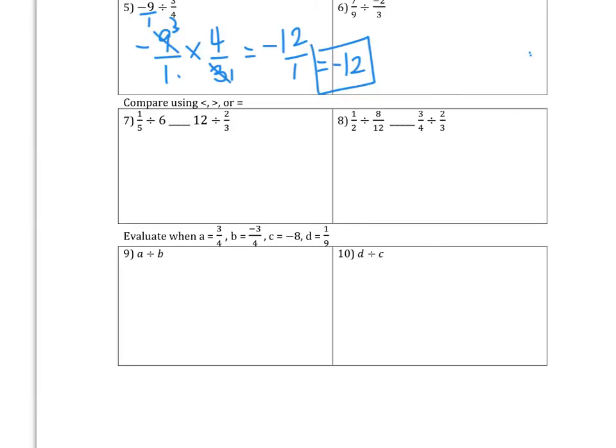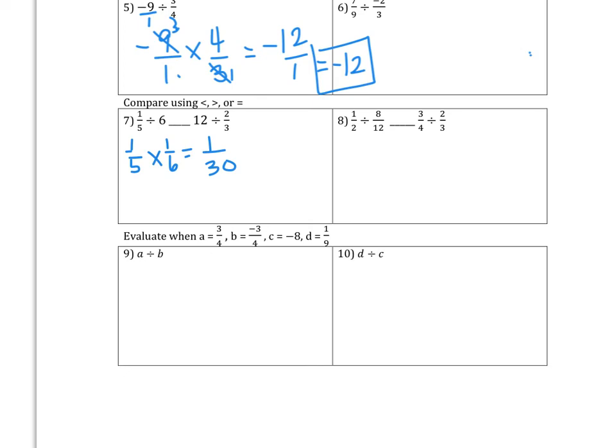Number 7 says to compare using less than, greater than, or equal to. So I'm going to have to find the answer to each side and then compare them. The first part gives me 1/5 times 1/6, which is 1/30.